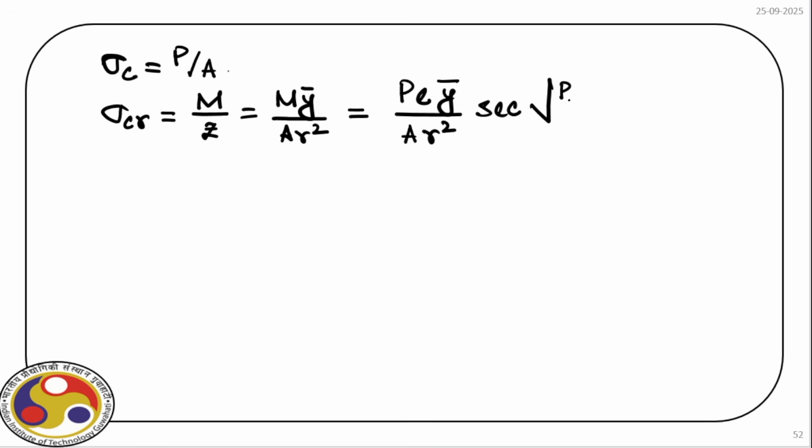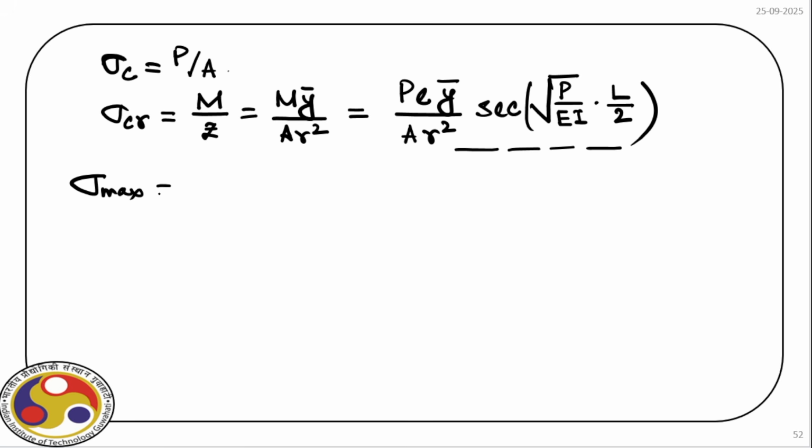So lambda is square root of P by EI times L by 2. This expression we have already studied in the previous class, and sigma max is equal to P by A, which is sigma c.